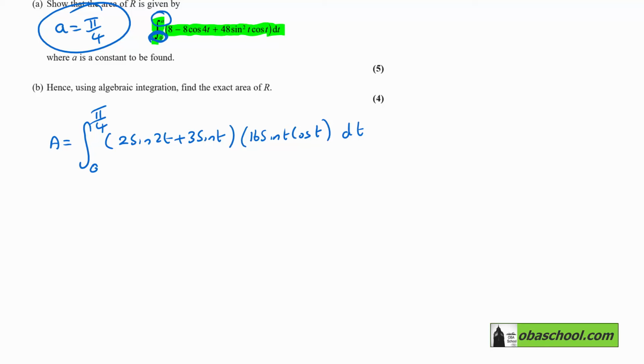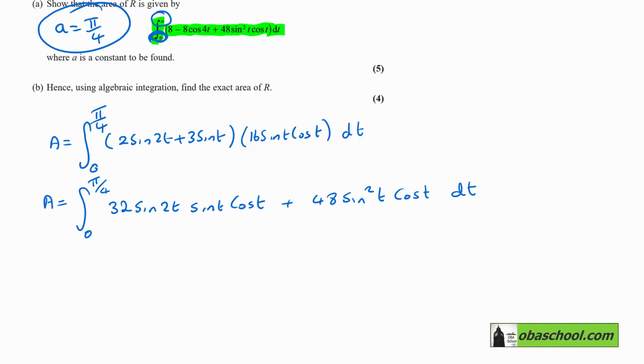Okay, so expanding this out, we get the integral from 0 to pi by 4 of 32 sine 2t times sine t times cos t, and then we have 48 sine squared t cos t dt.